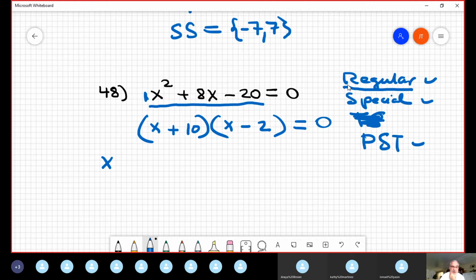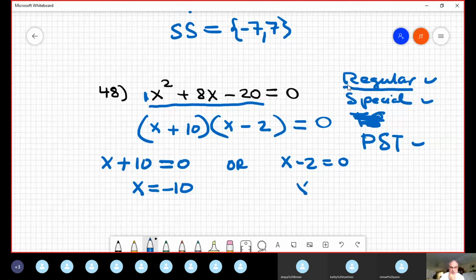So you copy x plus 10 equal to 0. X minus 2 equal to 0. If you want to put all here, it's elegant, but not necessary. One answer is negative 10, another answer is positive 2. And the solution set for this equation is negative 10, 2.